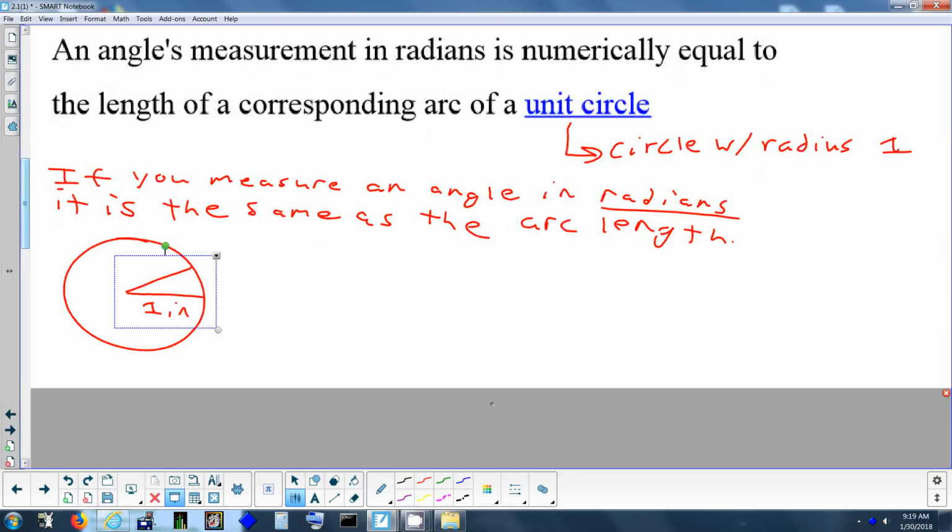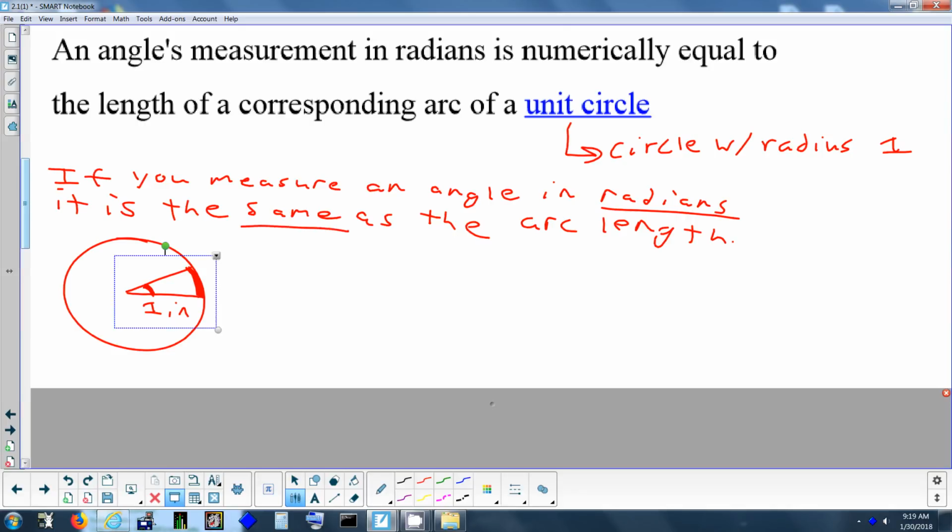That's a pretty small angle, so it's probably a pretty small number. If that angle comes out to 0.5 radians, I guarantee you that arc is 0.5 inches. If that angle is 0.6 radians, that would be 0.6 inches. The point I'm trying to show you is the size of this angle and the size of this arc are exactly the same on a unit circle.